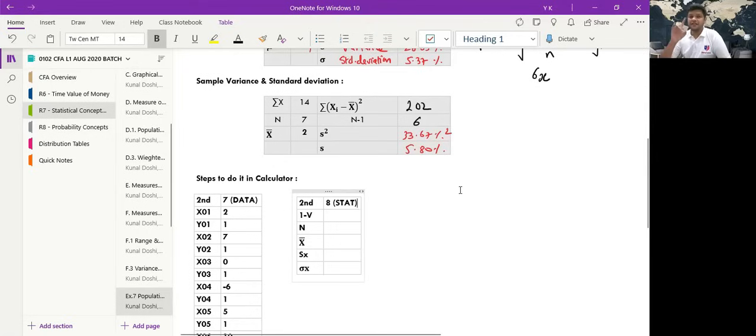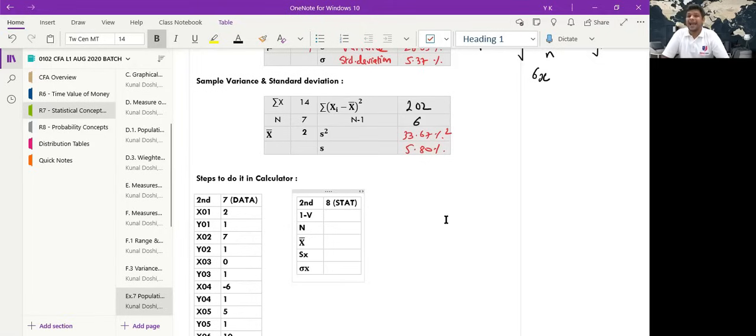Now everyone has to tell me what is there on your screen, because if you don't tell me, you'll never understand this concept. What do you see on your screen? LIN. Okay, everyone has LIN.